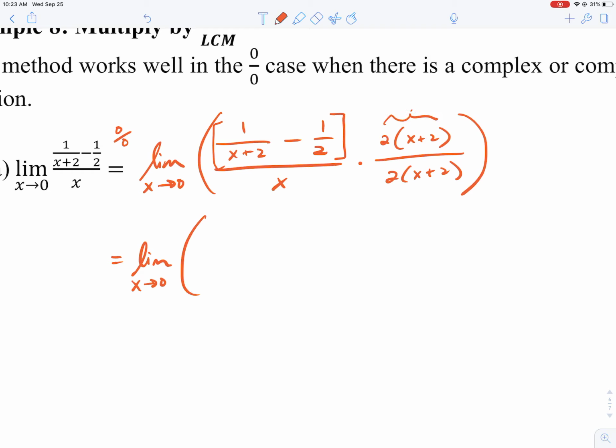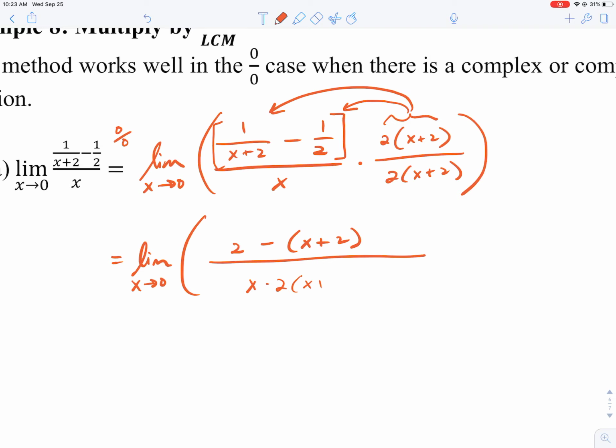So when we distribute this product to the first fraction, the x plus 2's cancel and we're left with 2. And then when we distribute to the second fraction here, the 2's cancel and we'll be left with minus the quantity x plus 2. And then the denominator will be x times 2 times x plus 2.